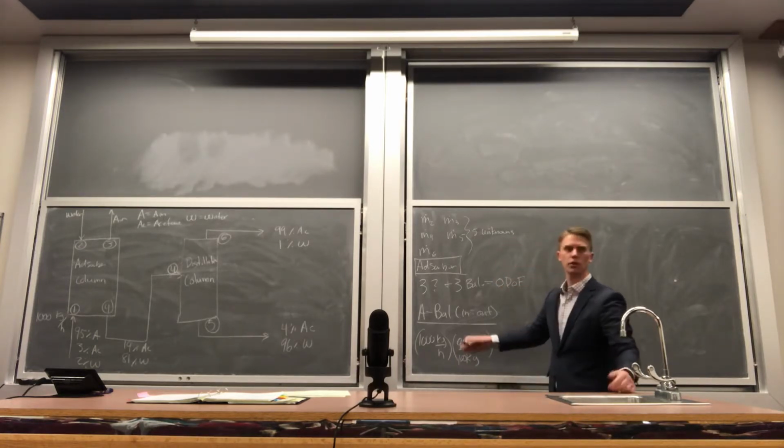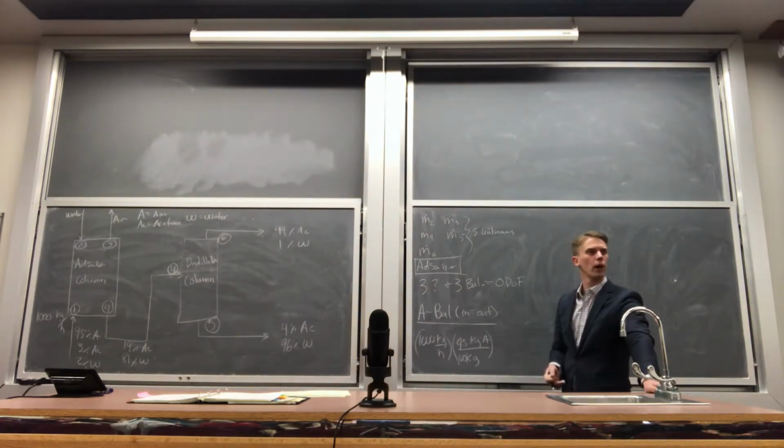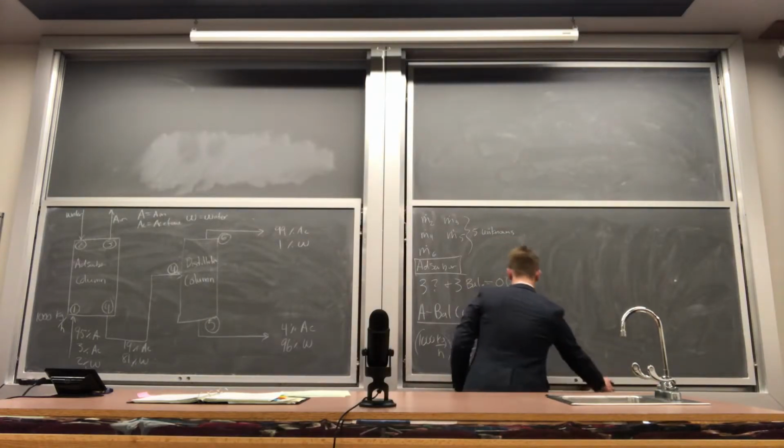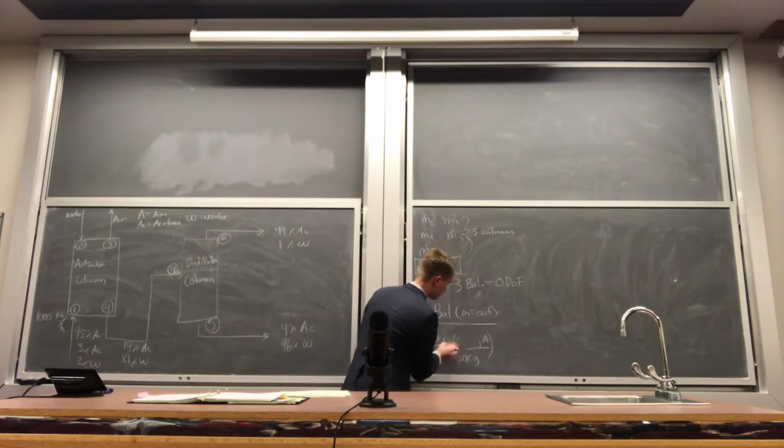Or you could write this as 0.95 over 1, but it's equivalent. Let's do that, I like that better: 0.95 kilograms of air per kilogram of feed.